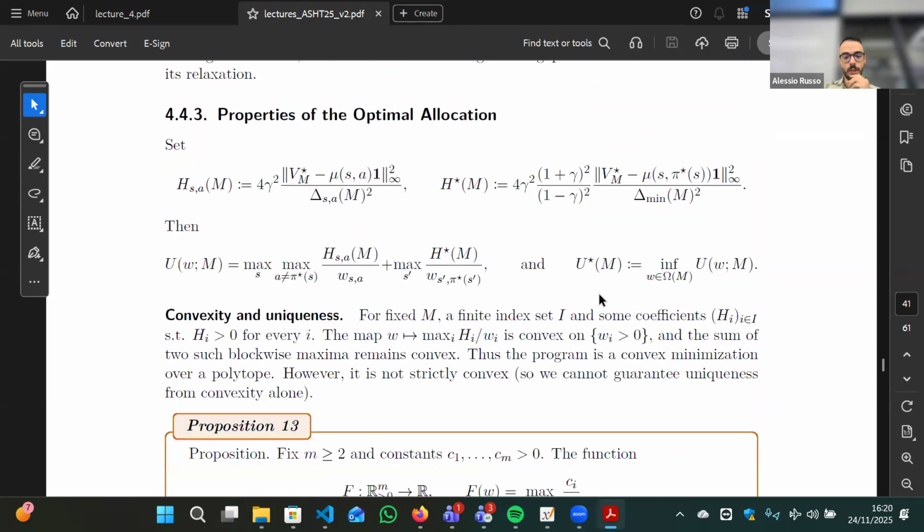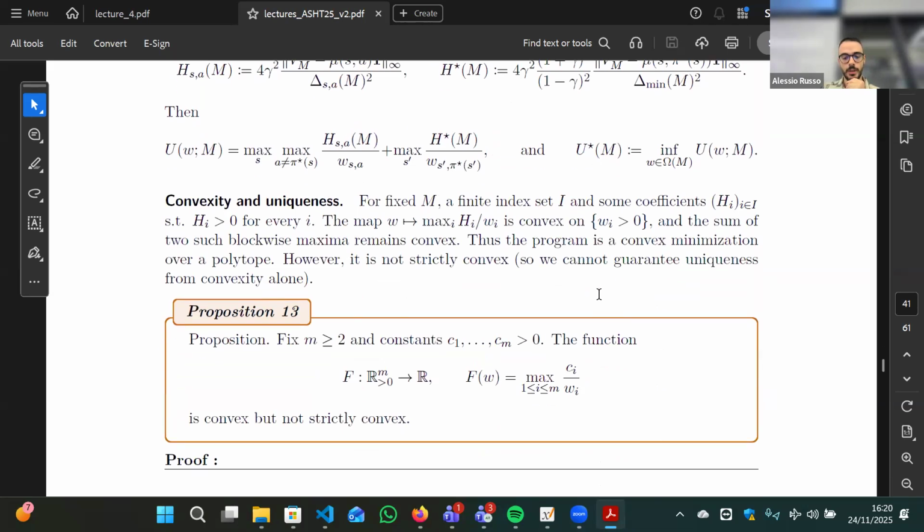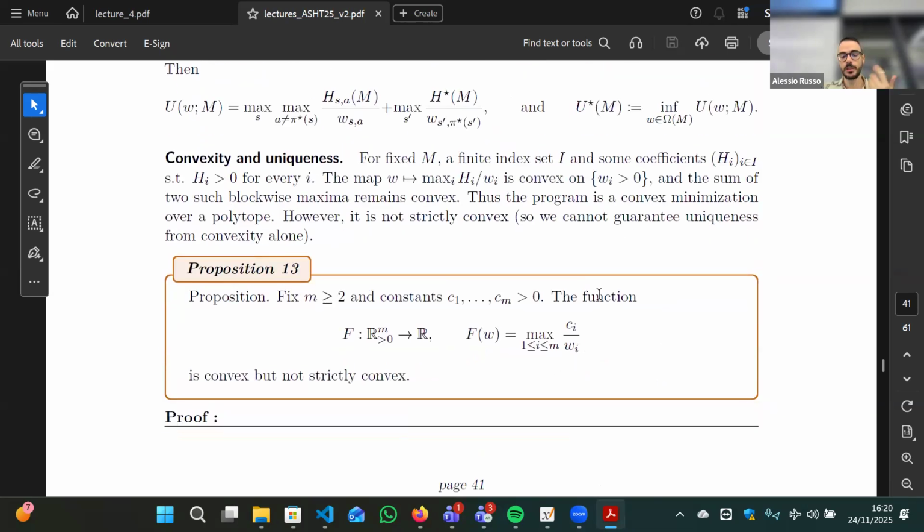There are also a couple of other properties that we are not going to prove just for the sake of time. But one can show that the minimization over W is a convex problem because we are just trying to optimize a function of this kind, C over W, but it's not strictly convex.